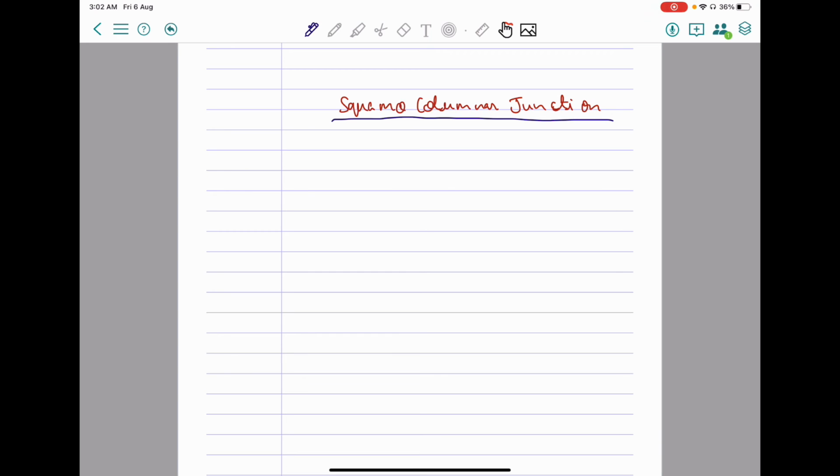I will tell you what this junction is, but it is very prone to metaplasia. What does prone to metaplasia mean? It can cause dysplasia, and what does this mean? It can cause cancer.